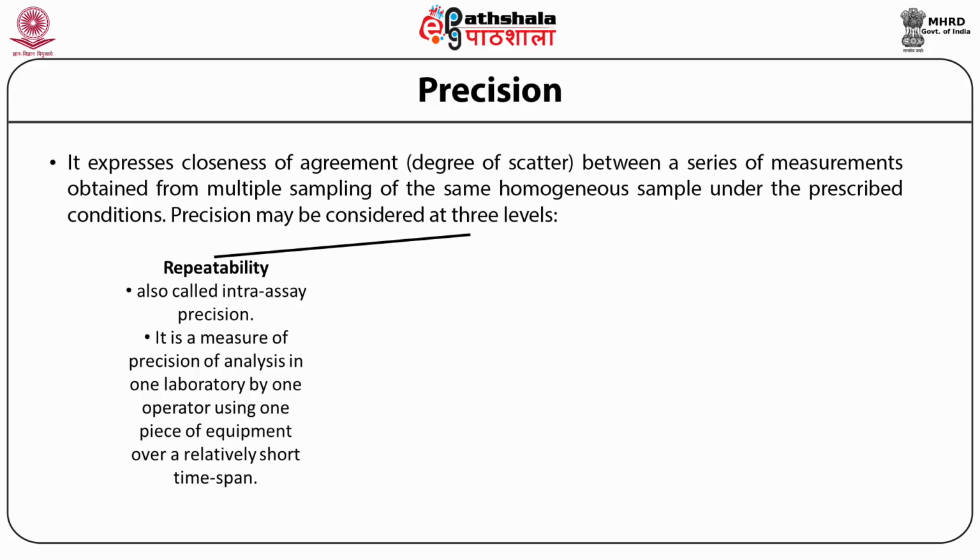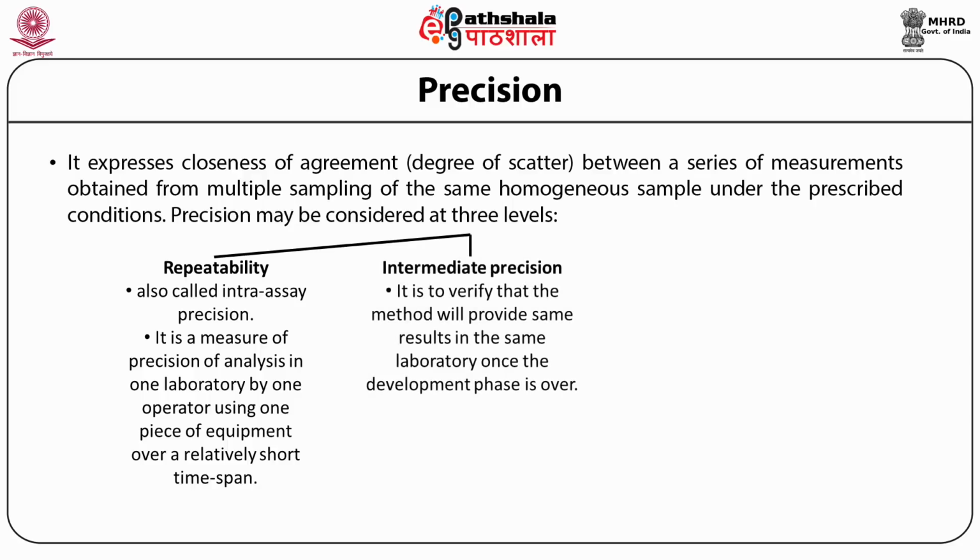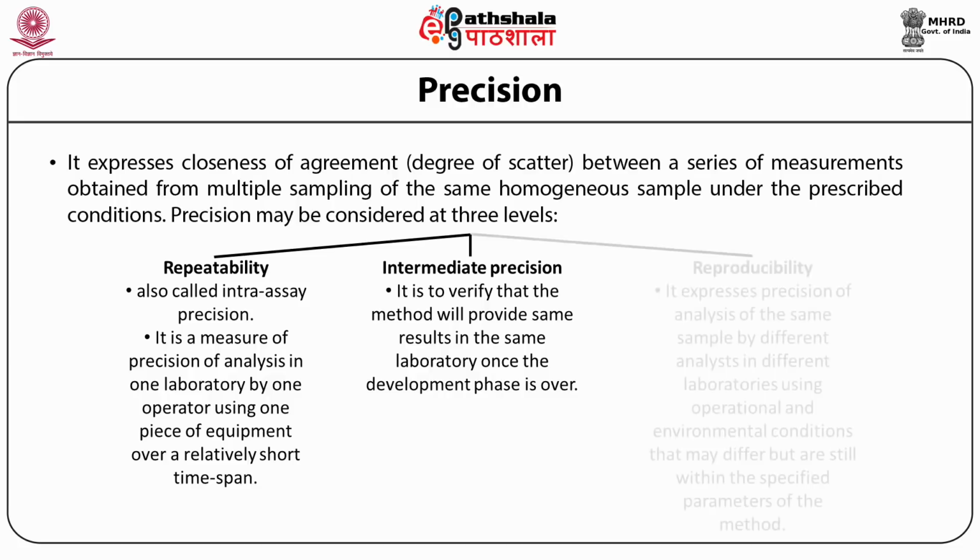It reflects discrepancies in results obtained by different operators, from different instruments, with standards and reagents from different suppliers, with columns from different batches, or a combination of these, but in the same laboratory. Intermediate precision also refers to the verification of the method that will provide the same results in the same laboratory once the development phase is over.